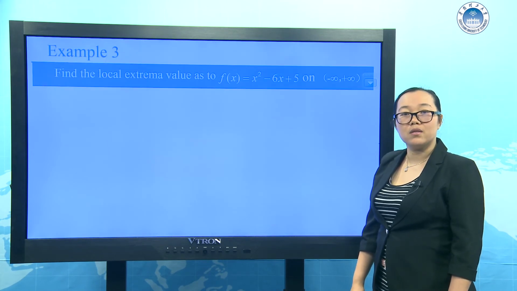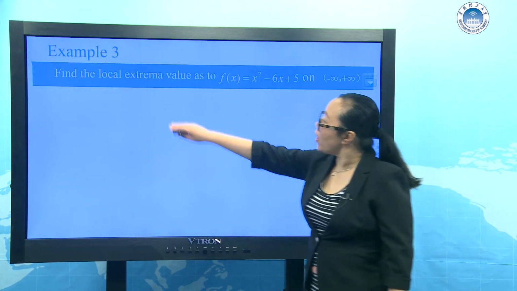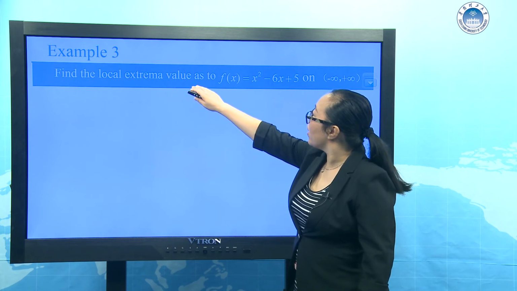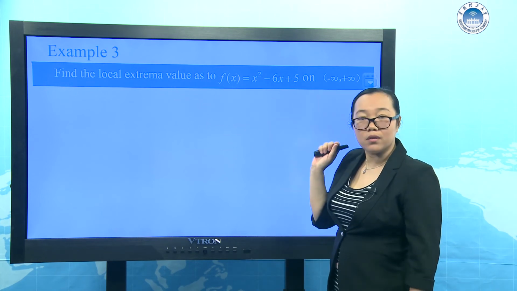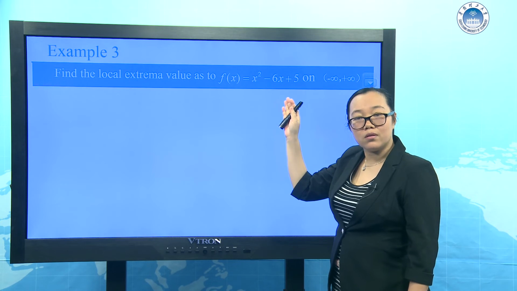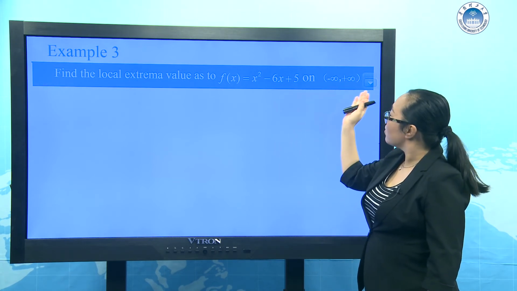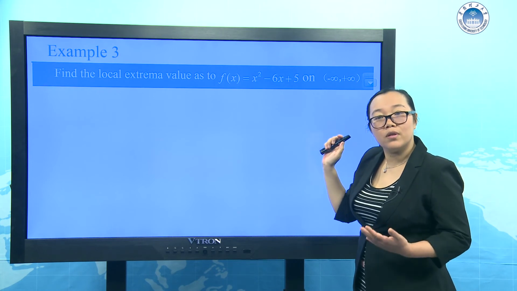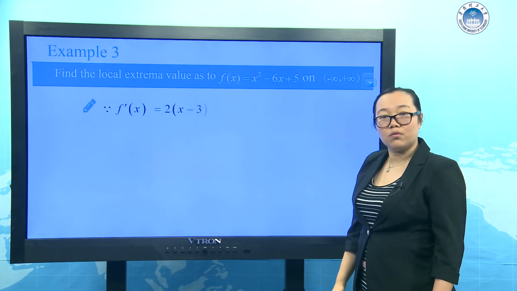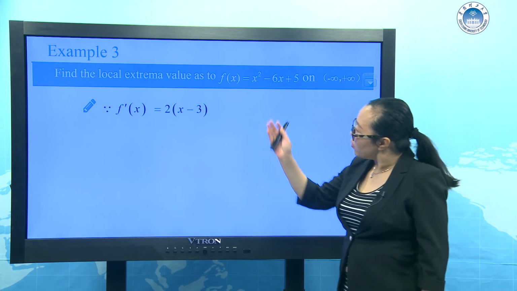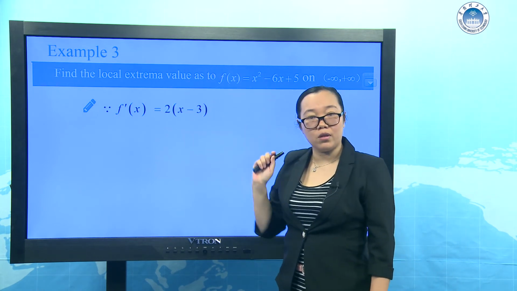Now look at example 3. Try to find the local extreme value of this expression: f of x equals x squared minus 6x plus 5 on the given interval, the real number system. How to write it? Yes, first we should get the first derivative.